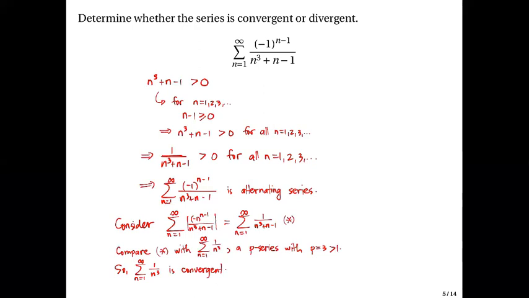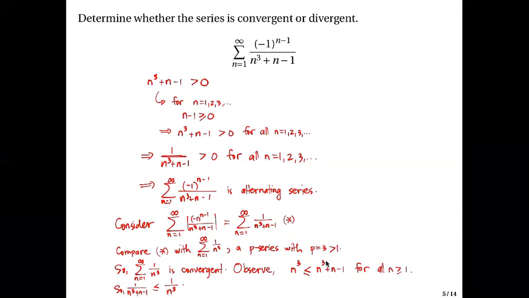Now observe that n cubed is less than or equal to n cubed plus n minus 1, for all n greater than or equal to 1, which means 1 over n cubed plus n minus 1 will be less than or equal to 1 over n cubed, correct?